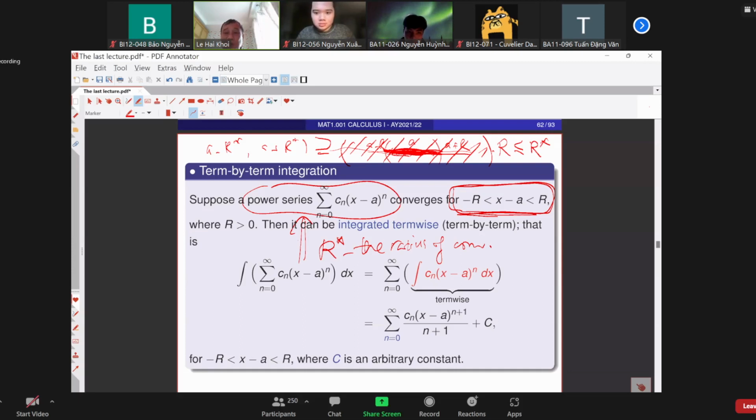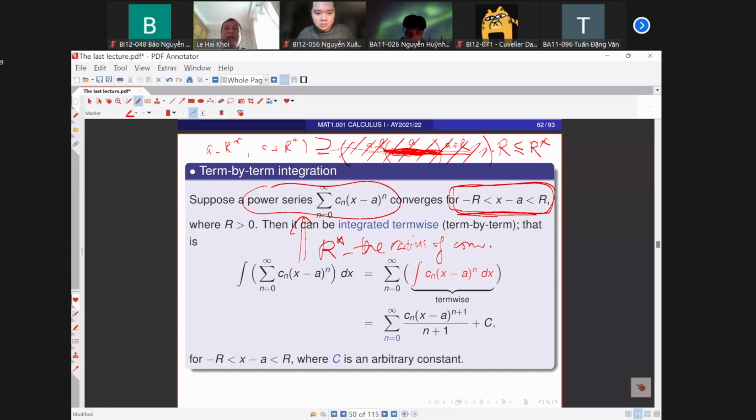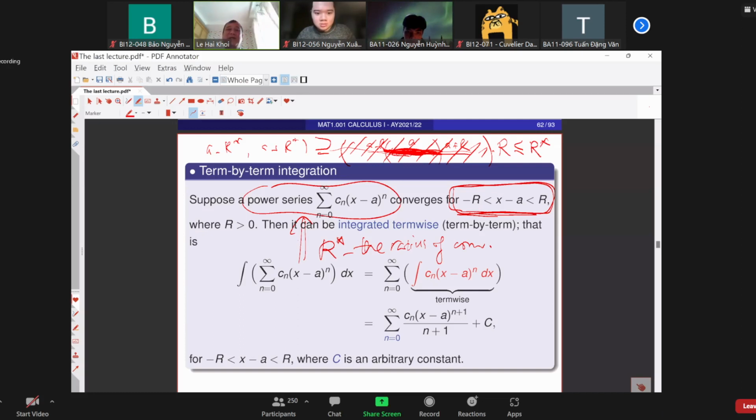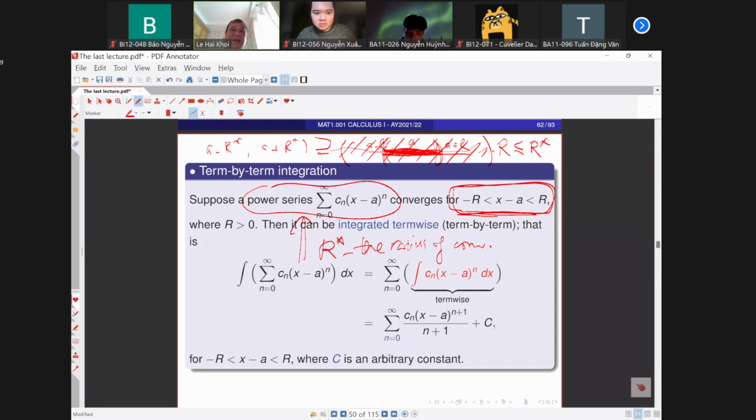No, you should read the question carefully. Here, it is not mentioned anything about the radius of convergence, only convergence inside this interval. Then the radius of convergence is bigger or equal.